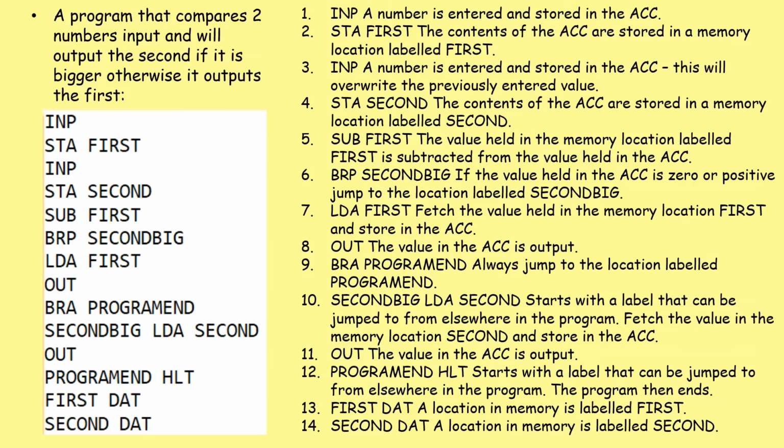And then we have declared our two memory locations that we want to use. We're going to have a memory location labeled first and another memory location labeled second that we can use to store values throughout our program. If you find this a bit confusing, go to the Little Man Computer website, type it in, run it, see what's happening. Do a bit of experimenting.